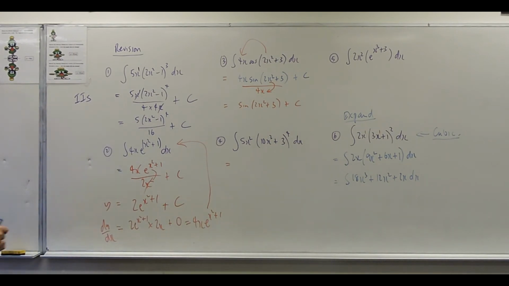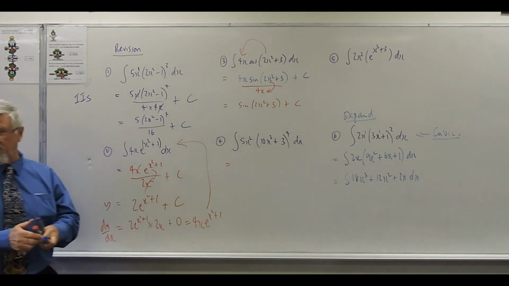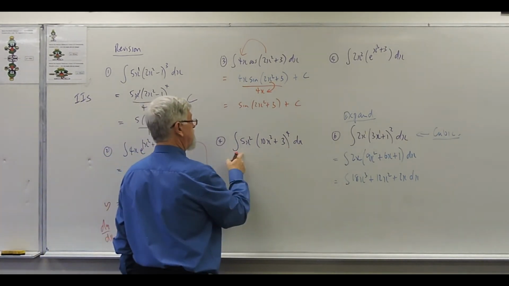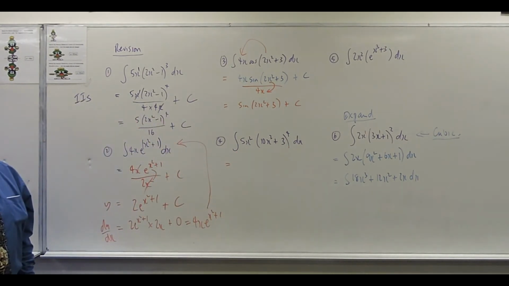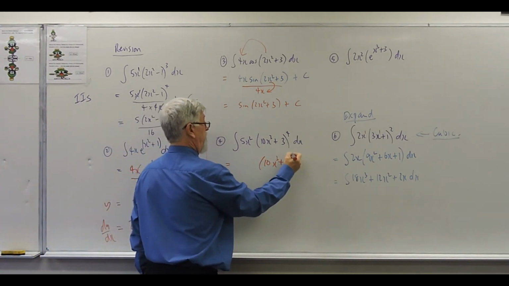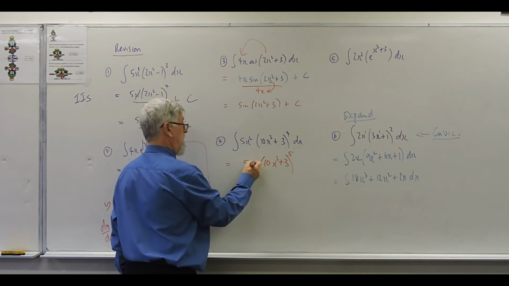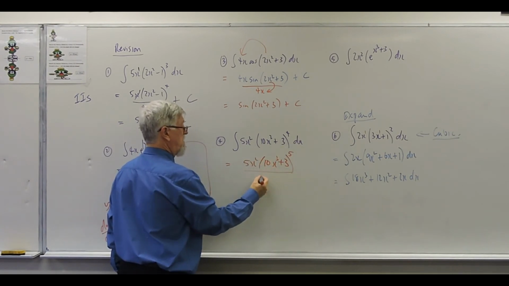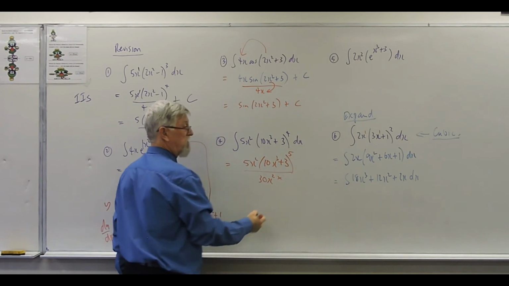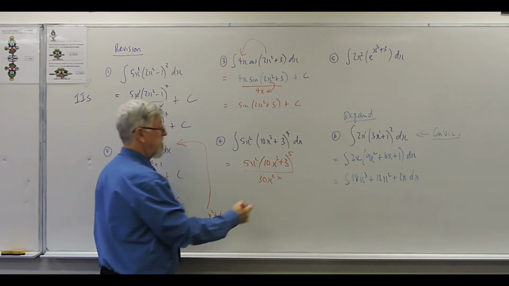Come on, Riley. Tell me how to do number 4, so you can all sit there and just watch. How do I get to the end of all that? You raise the power by 1, and you divide by the derivative of the inside, which is 30x squared. What have I forgotten? Divide also by the power.